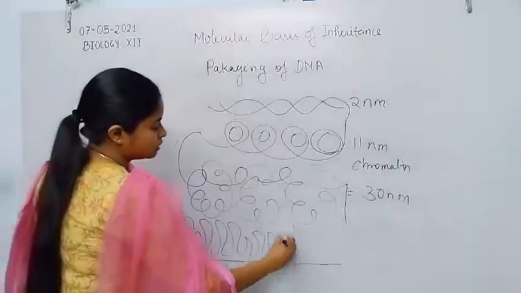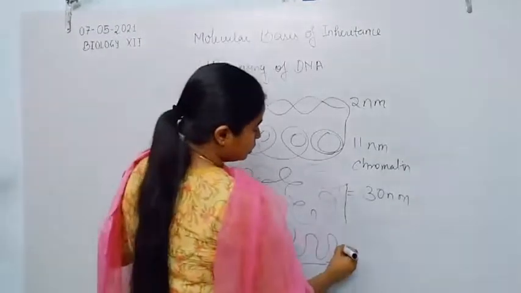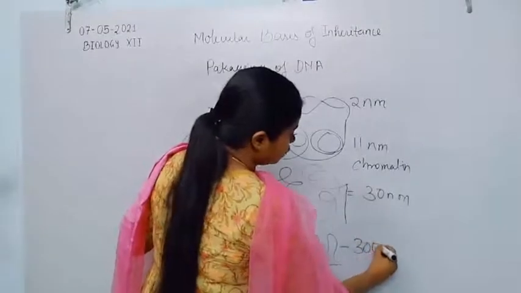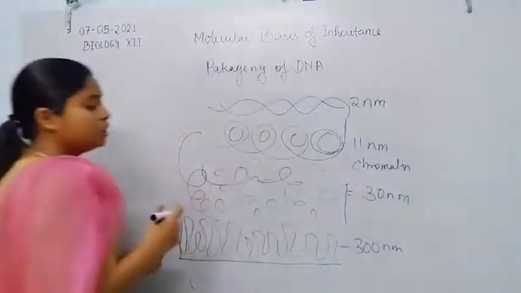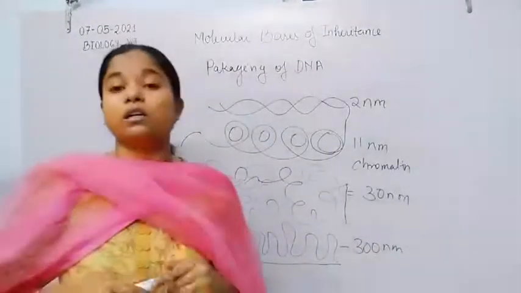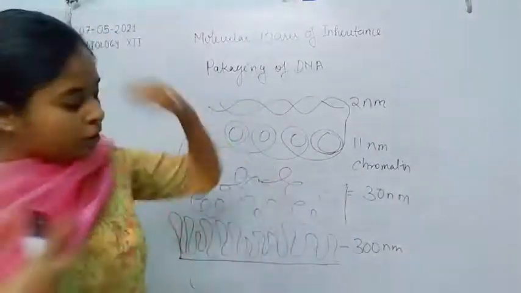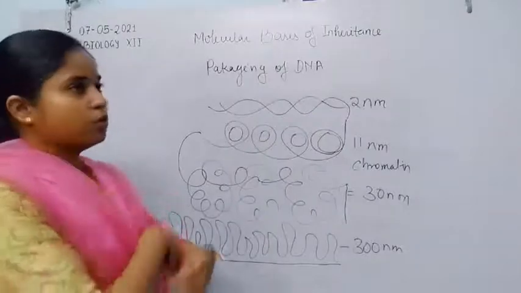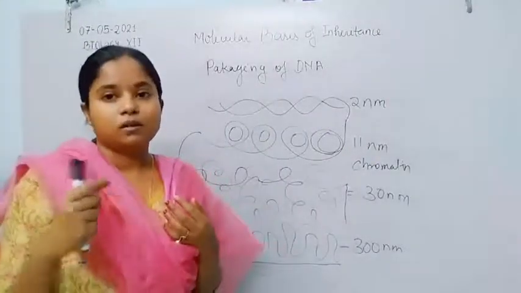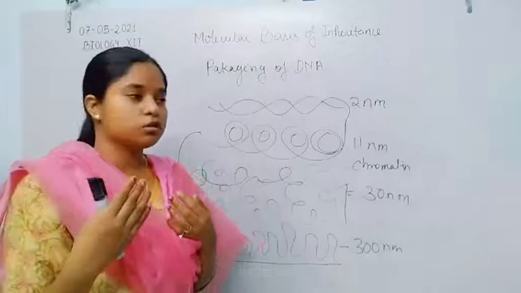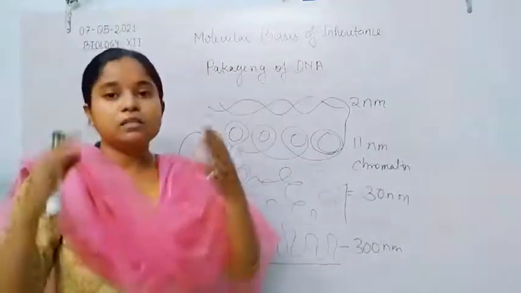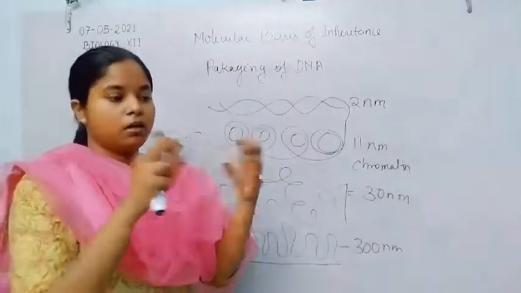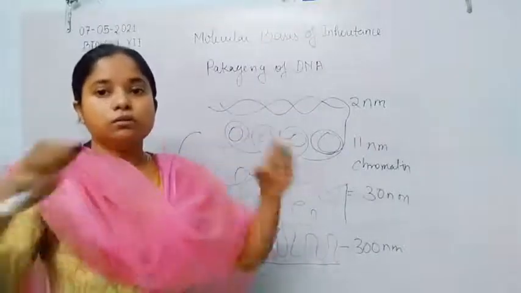The width of this structure is about 300 nanometers, and the 300 nanometer structure becomes more condensed in the metaphase stage of cell division, because during metaphase it undergoes condensation for proper division of genetic material into the two cells.